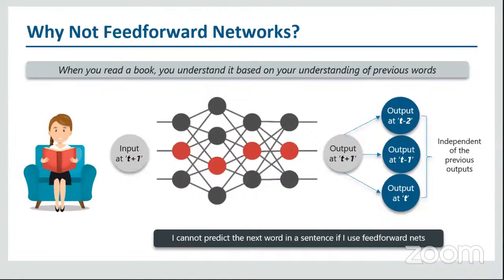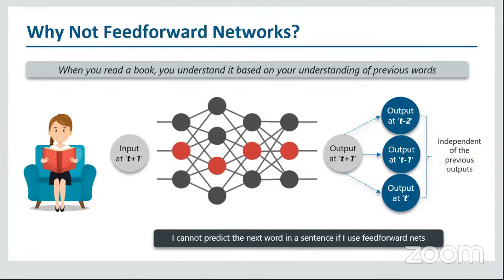But you cannot predict the next word in the sentence if you use feed forward nets. Ever give a try? Go ahead and see if you can predict without seeing. Your eyes are the input source. It is very difficult to do that. If you have a neutral sentence written by somebody, your brain might predict the next word to be this, but if you actually see it, the word might be very different.